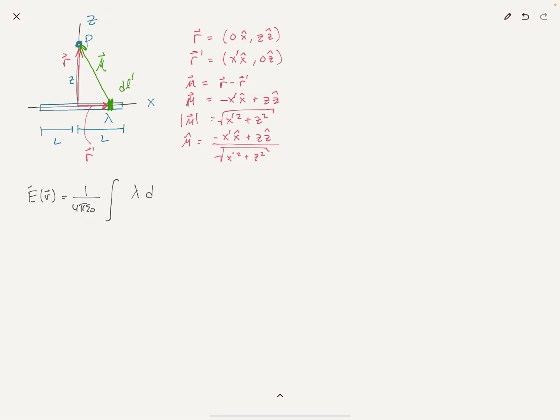I'm going to integrate over dl prime, and I need R hat, which is minus x prime x-hat plus z-hat over x prime squared plus z squared to the 1/2, times 1 over magnitude R squared.